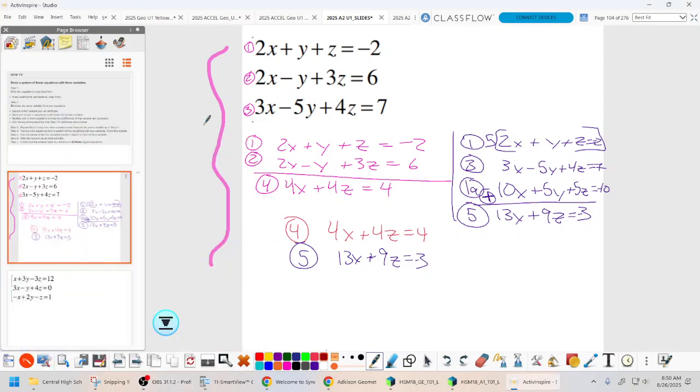So just a reminder from yesterday, our process for this is pick one of the variables to isolate from two different systems. So I did 1, 2, and 1, 3. And sometimes it's helpful. You notice that we're isolating, or not isolating, but eliminating y.